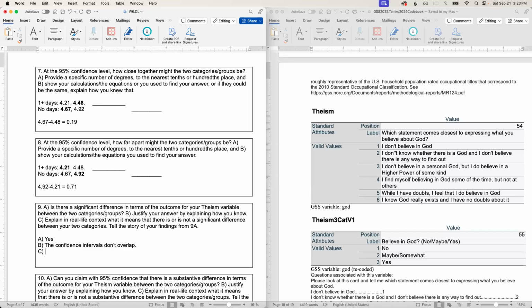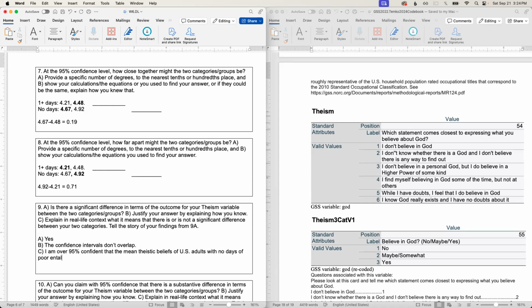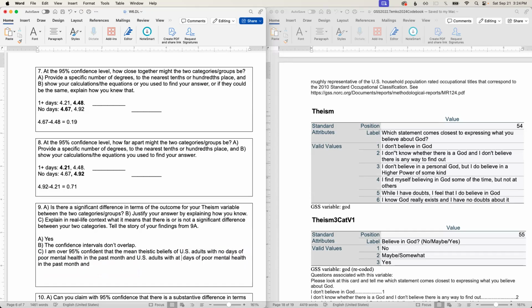What does this mean in real life context, right? That it's significant. I am over 95% confident that the mean theistic beliefs of US adults, again, this is my target population, not the sample, of US adults with no days of poor mental health in the past month, and US adults with at least 1 day of poor mental health the past month are different, right?